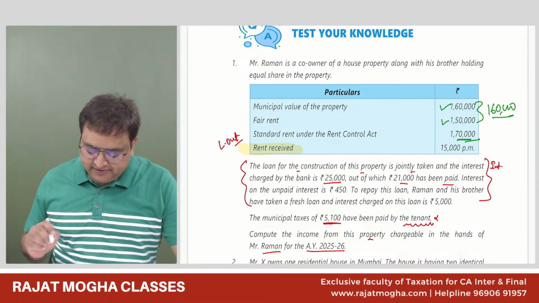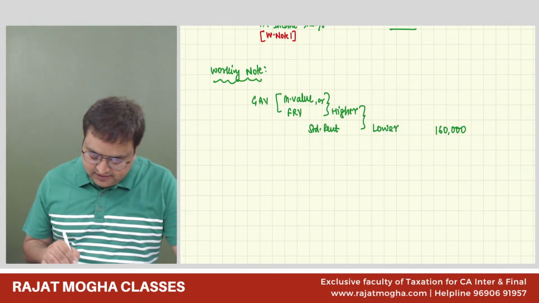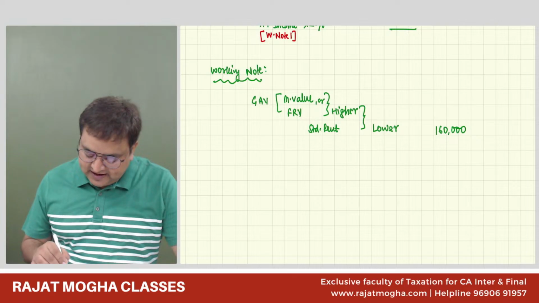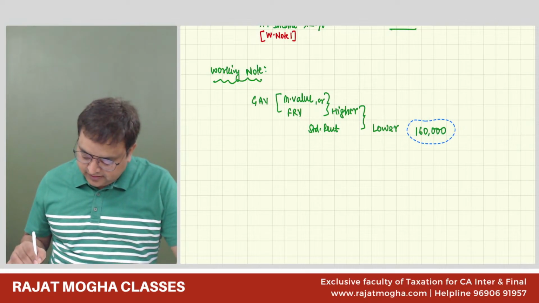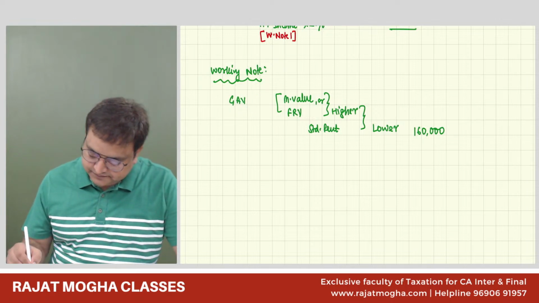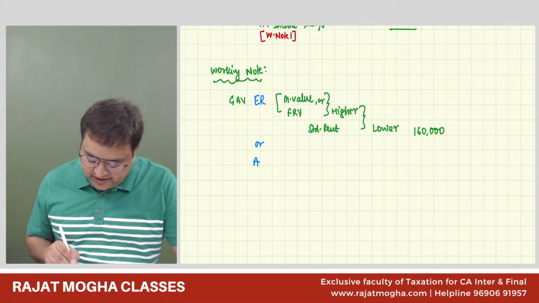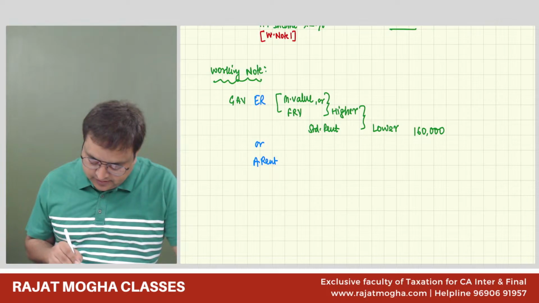In fact, I have made a mistake over here. This is GAV. This 160 is actually the expected rent, and GAV is expected rent or actual rent, whichever is higher.